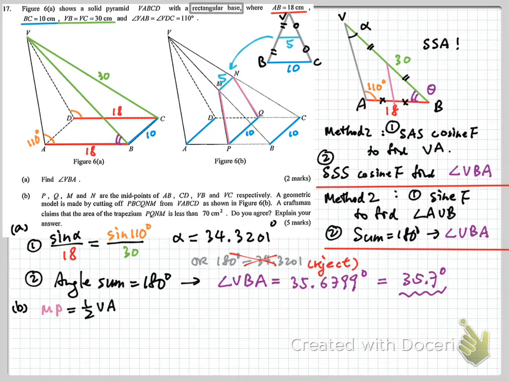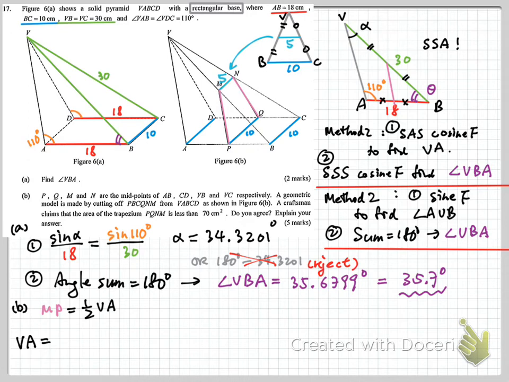To find VA, if you previously used method 1, then right away you have VA. If, like me, you use method 2 here, you can calculate VA using the SAS cosine formula in this triangle. So we have VA equals the SAS cosine formula.